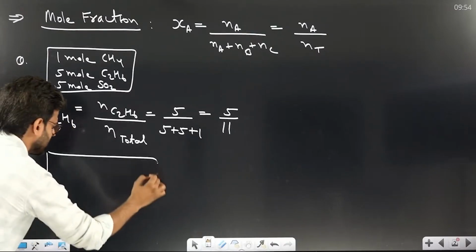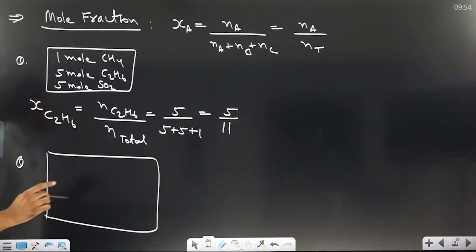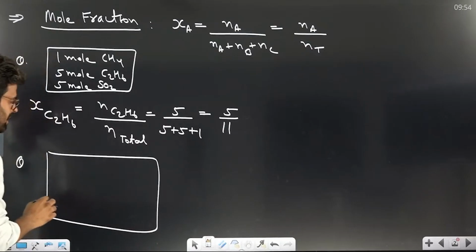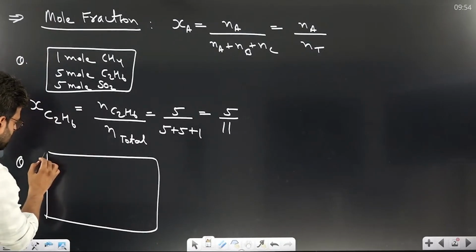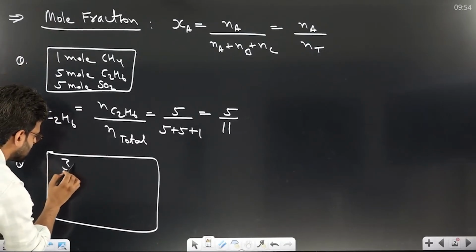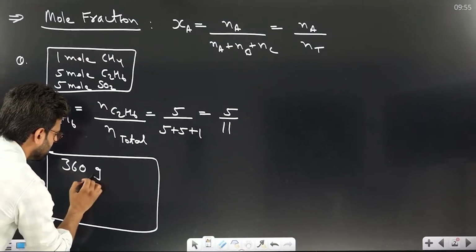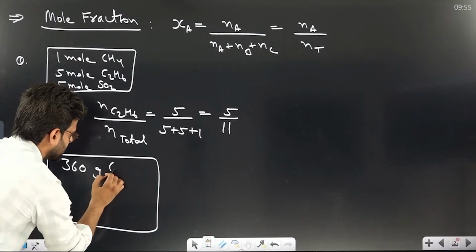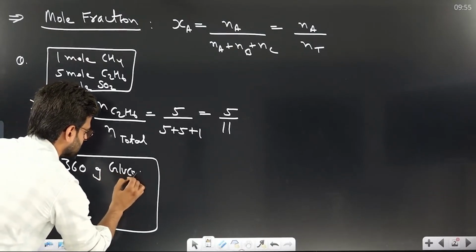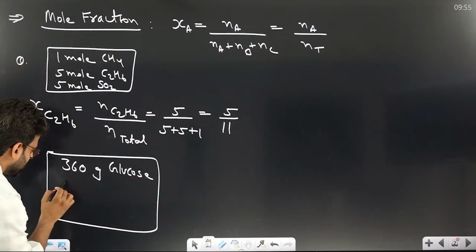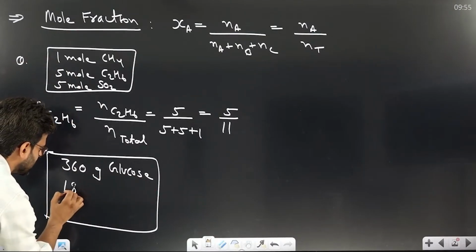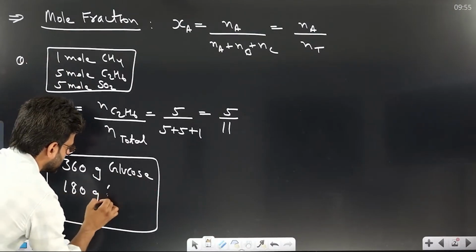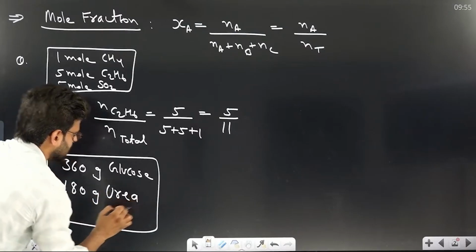Now next question I am giving here. Listen to me again. I am giving weight, right? Imagine in this box I am having 360 gram of glucose, and here we have 180 gram of urea.